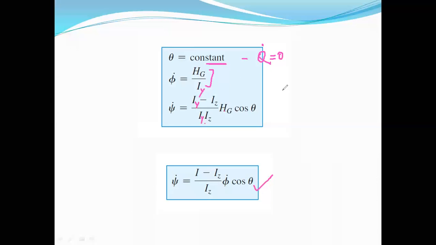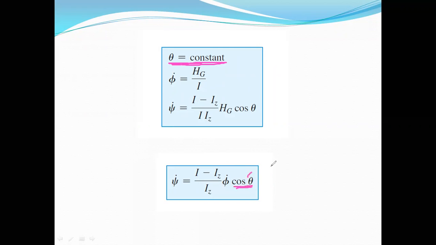So if you look at these three equations, the equations for the torque free motion are that theta is constant, phi dot is equal to hg by Iy, and psi dot is equal to Iy minus Iz divided by Iz into phi dot cos theta. All these terms are constant. When theta is constant, cos theta is also constant.